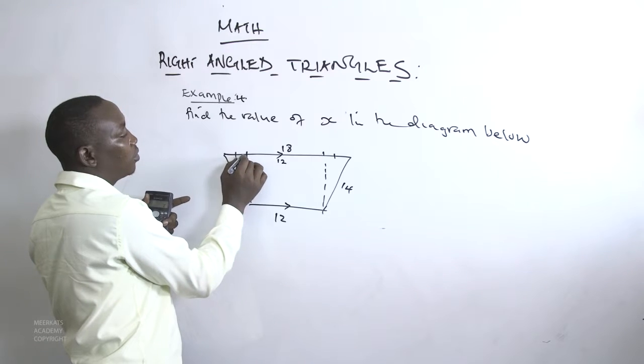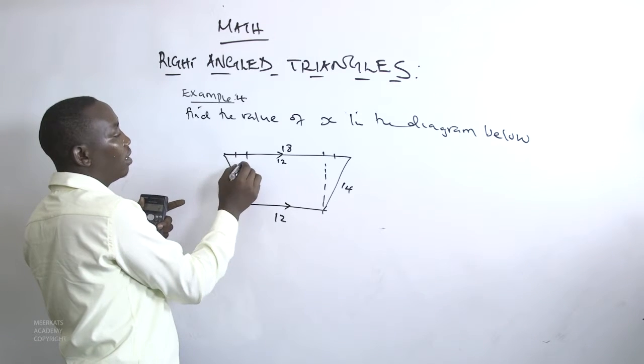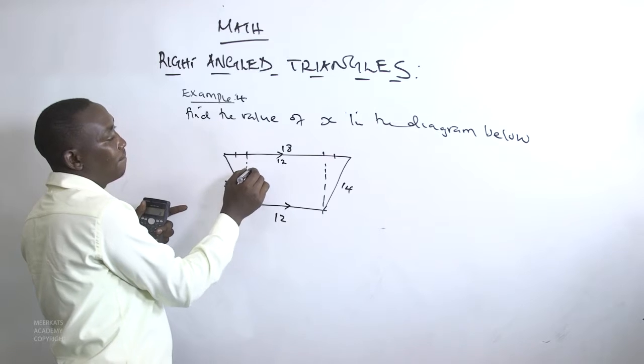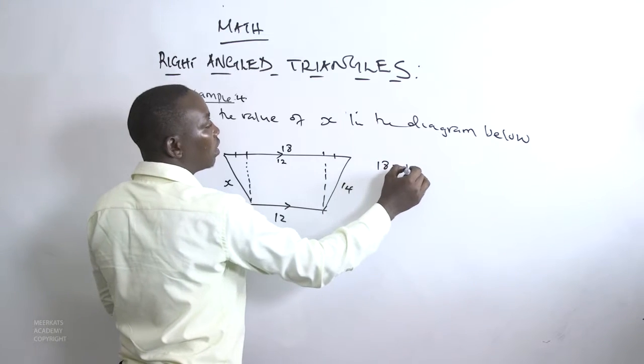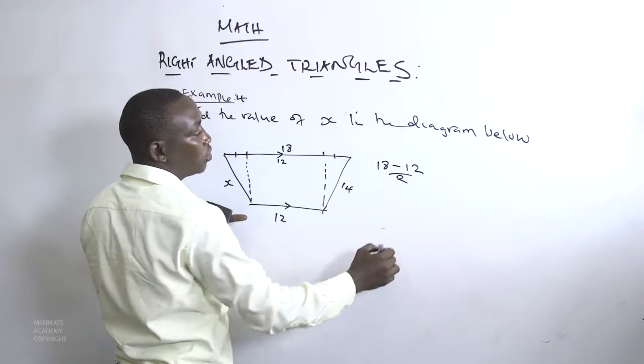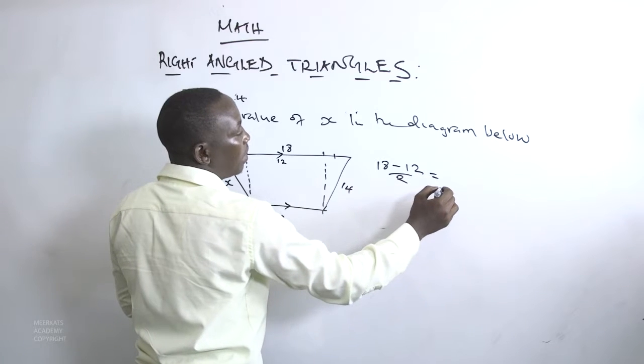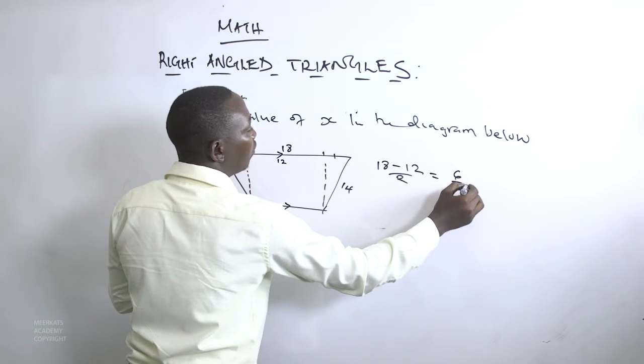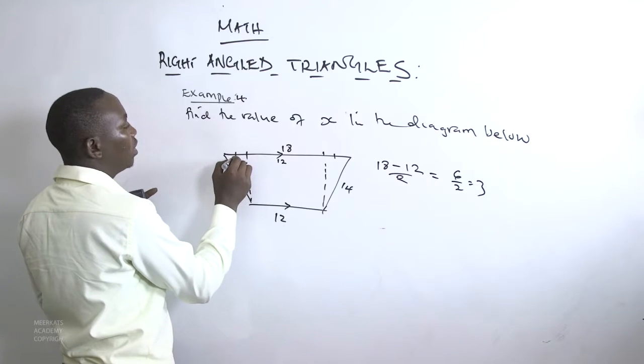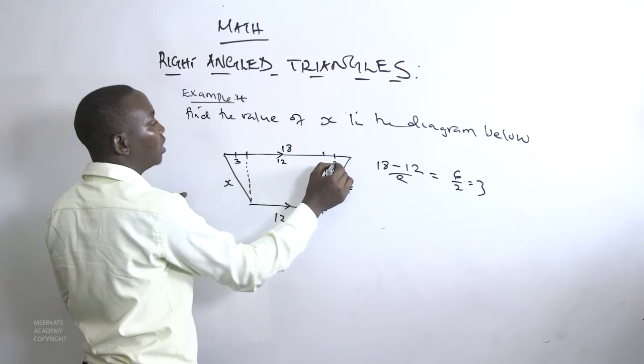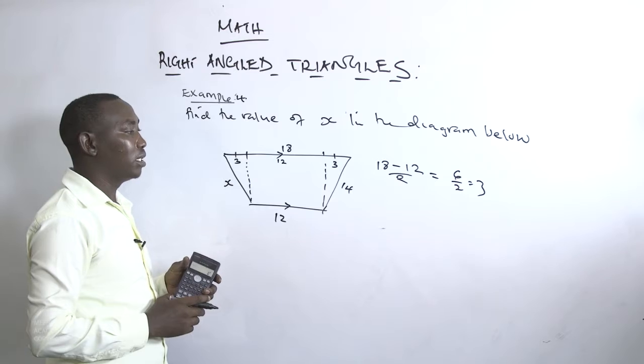So that means from here up to here it's going to be 18 subtract 12 divided by 2, which will be 6 over 2, which is 3 units. So that means that this is 3 units, that is 3 units.